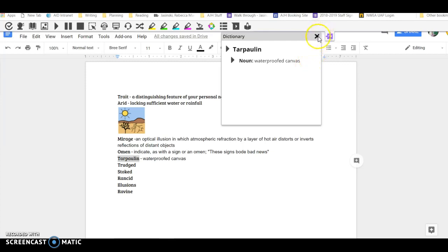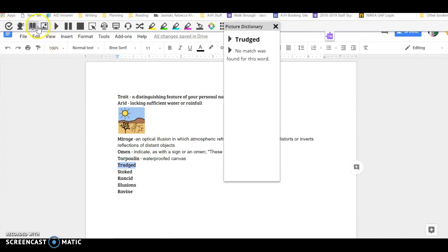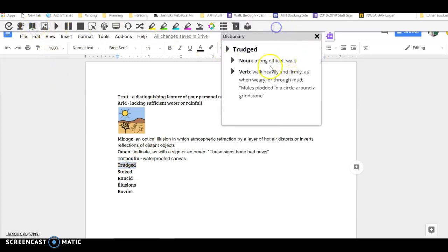And it has word prediction on it. Okay? Hopefully this one has the visual. Nope. But it has the definition.